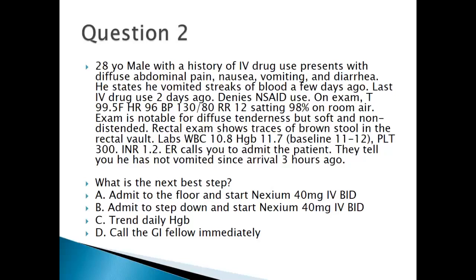Rectal exam shows traces of brown stool with blood in the rectal vault. The WBC is 10.8. Hemoglobin is 11.7. Baseline is usually 11 to 12. Platelets 300. INR 1.2. The ER calls you to admit the patient. They tell you he has not been vomiting for the last 3 hours. What's the next step?